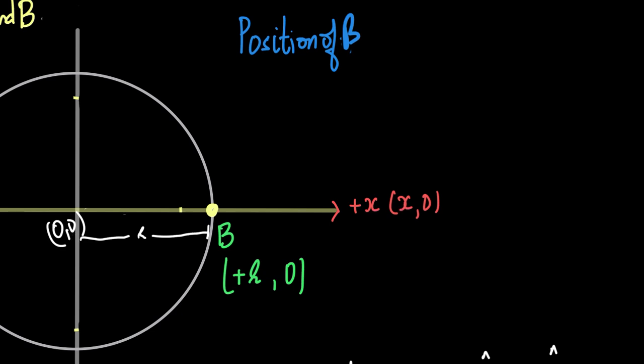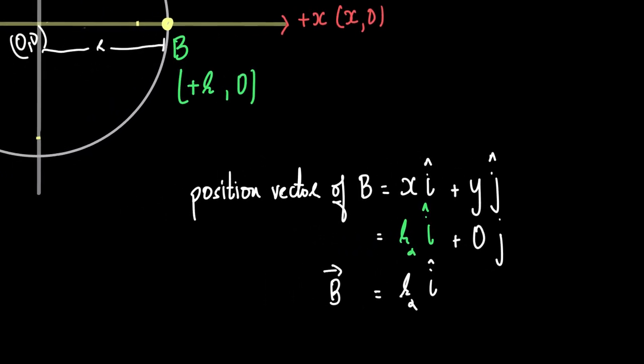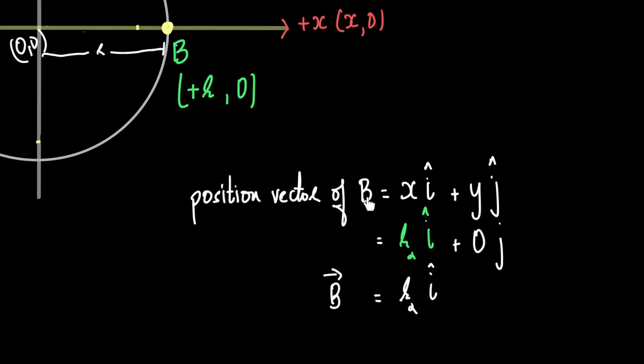Therefore, the x coordinate here is r, which gives us the position vector of B, vector B, is xi plus yj. What is x? R, ri plus yj. Y is 0. Why? Because B is a point on the x-axis, and on x-axis, the y coordinate is 0. So y is 0 here.